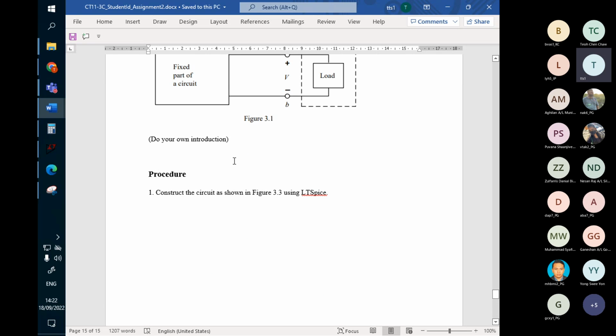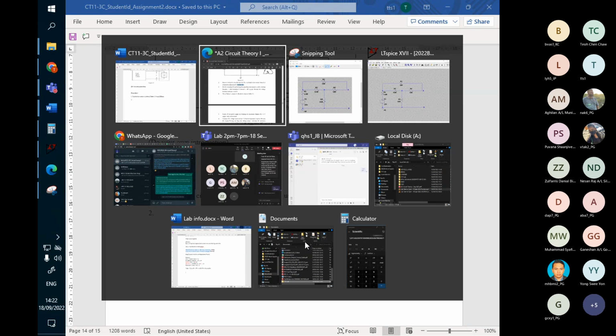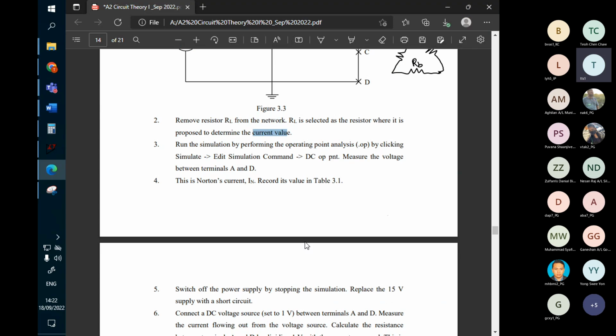Now proceed to step 2. Let's copy step 2. For step 2, remove resistor, and resistor R is selected as the resistor proposed to determine the current value.